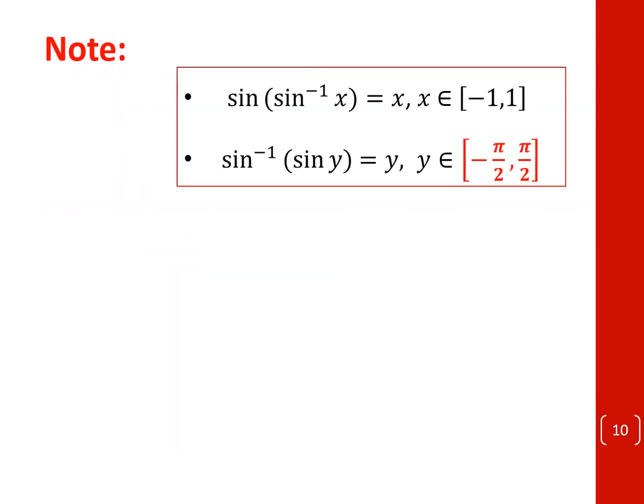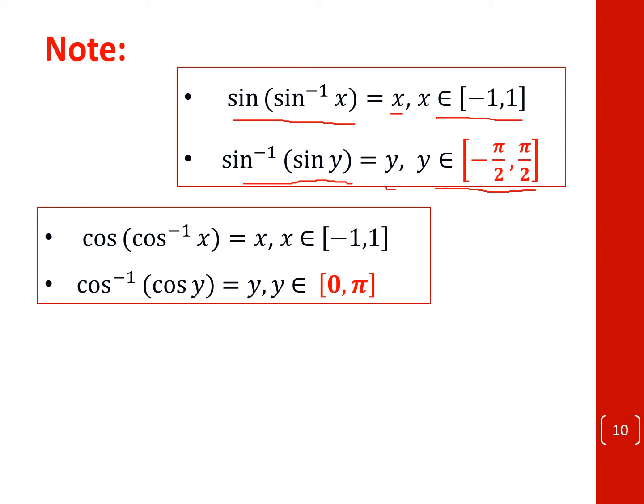Note that student, sine of sine inverse x is equal to x if x belongs to closed interval -1 to 1. Also, sine inverse of sine y is equal to y, where y belongs to closed interval -pi/2 to pi/2.